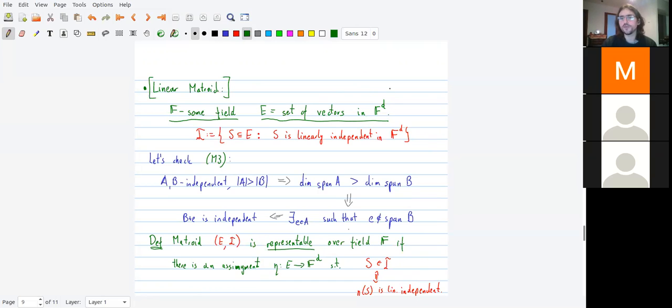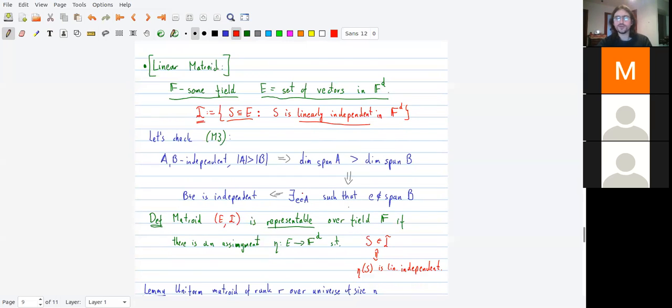So I've got some dimension d, and my universe is just a family of vectors, a lot of them. And my independence property, my matroid, is formed by all subsets of those vectors that are linearly independent. So M1 and M2 are very clear. The empty set is linearly independent, and a subset of a linearly independent set is independent.